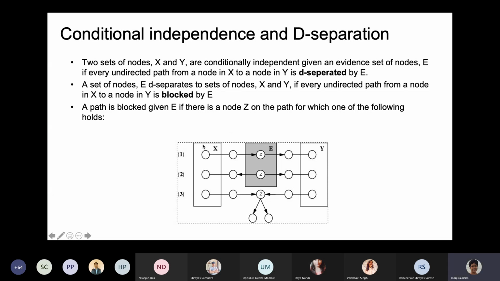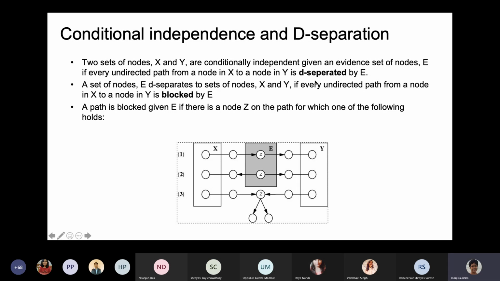This is a set of nodes X and this is a set of nodes Y. For every path from X to Y, and we are considering undirected paths, so the actual direction does not matter, every path needs to go through this block of nodes, which is called E. If you recall the spanning tree, if I take out E from my network, there will be no path left between X and Y, not even an undirected path.